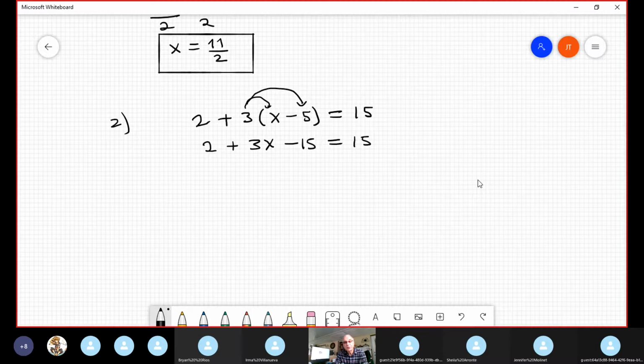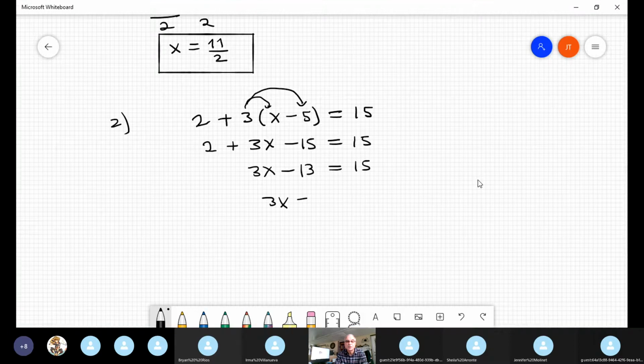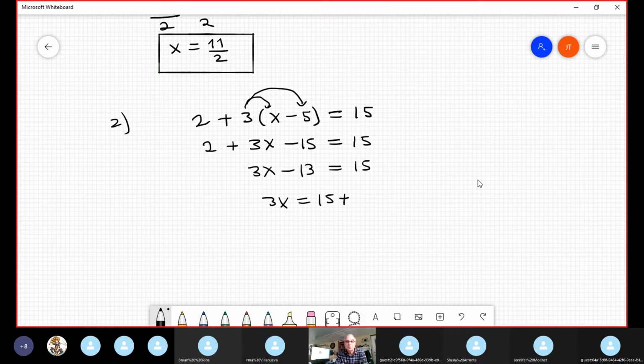We combine: 3x minus 13, because negative 15 and 2 together make negative 13. Now 3x equals 15 plus 13. 3x equals 28. Divided by 3, x equals 28 over 3.